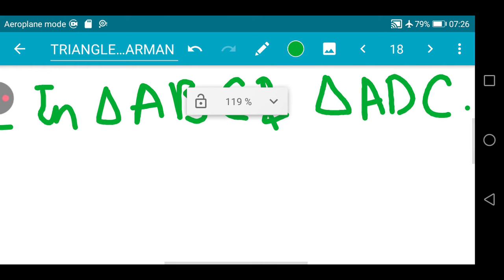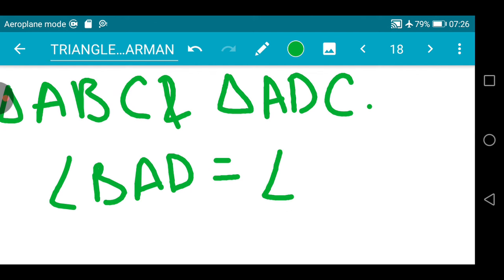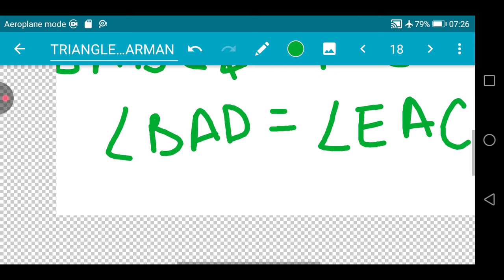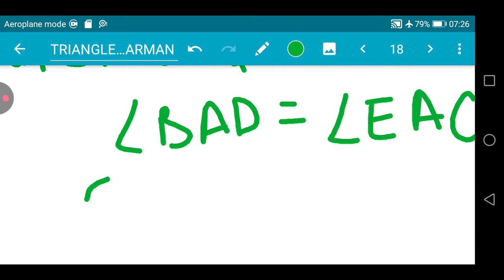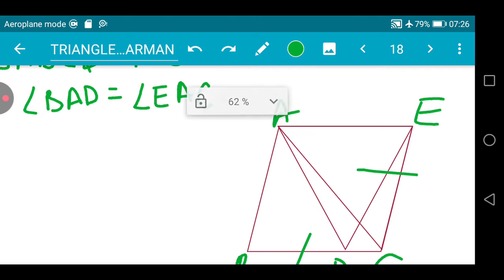angle BAD equal to angle EAC, it is given. And how will you prove this angle equal?